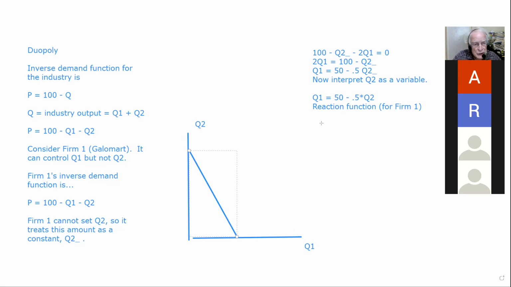If Q1 is equal to 0 in this case, then what is Q2, judging from the reaction function? Now let's see, if Q1 equals 0, then we have 0 equals 50 minus 1/2 times Q2.